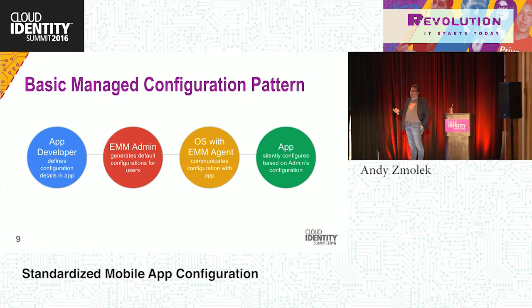The admin within the EMM console, so the customer, configures those, and in the background, of course, the EMM has implemented the capabilities of configuration, capability of discovery, so that they understand what the configurable parameters are and whatnot. That's all hidden from the end user.